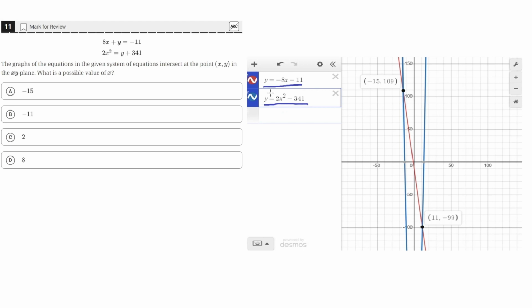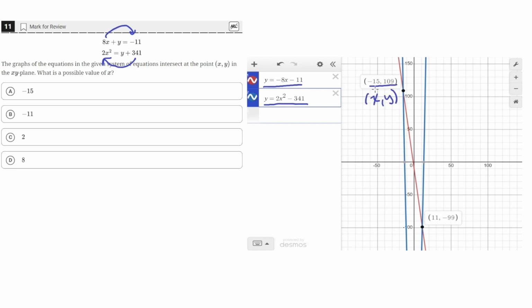I've isolated for y. So in the first equation, I moved the 8x to the other side by subtracting 8x from both sides. And in the second one, I just moved the 341 to the other side by subtracting 341 from both sides. So when we graph these, one is a line and the other is a parabola. We just look at the points of intersection. So here they intersect at -15 and 109, so that's just the xy coordinates.